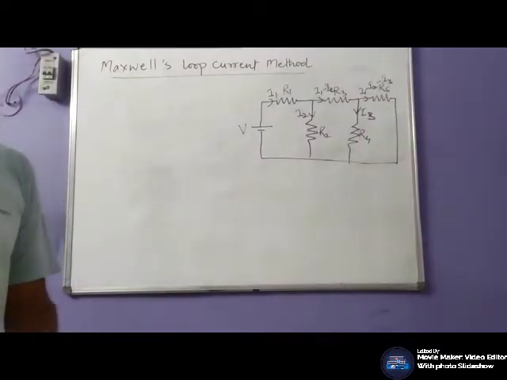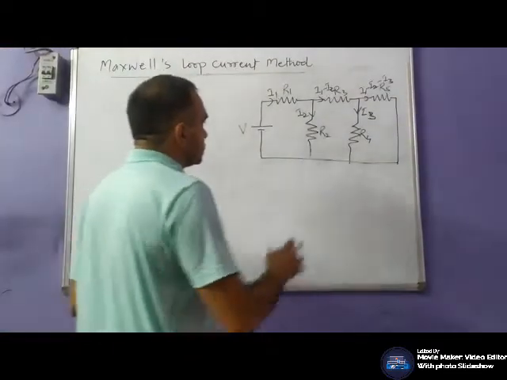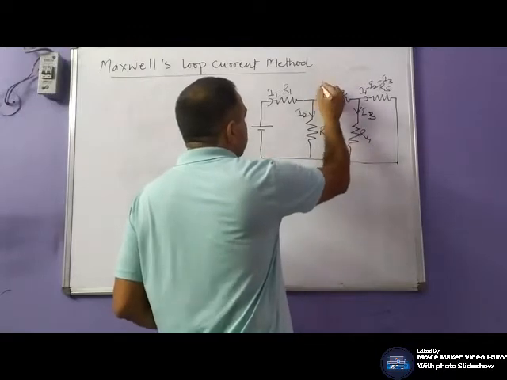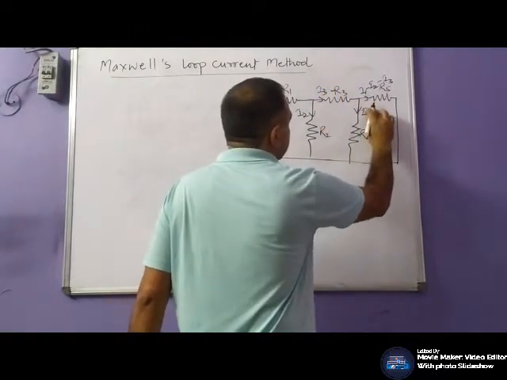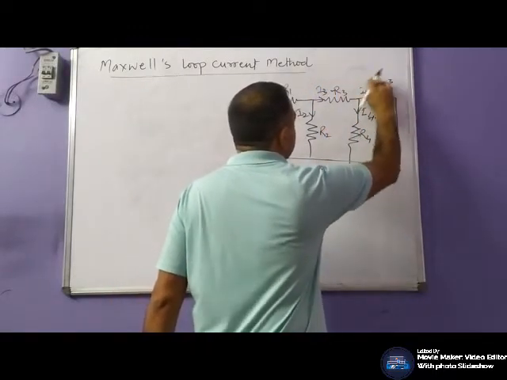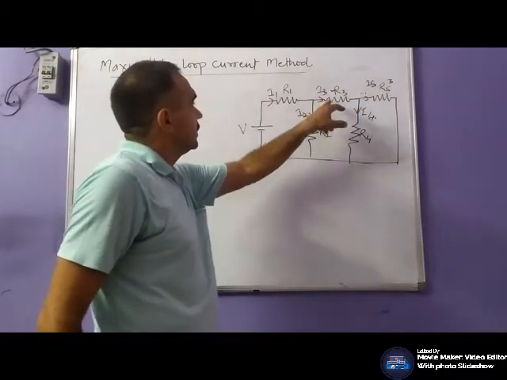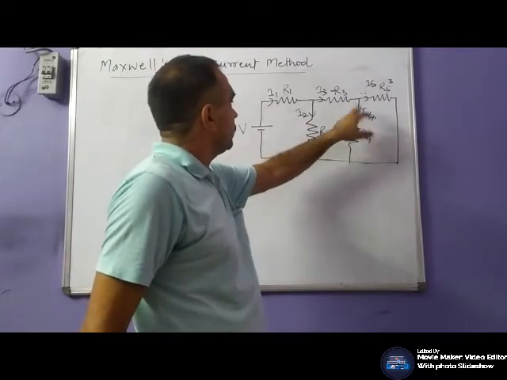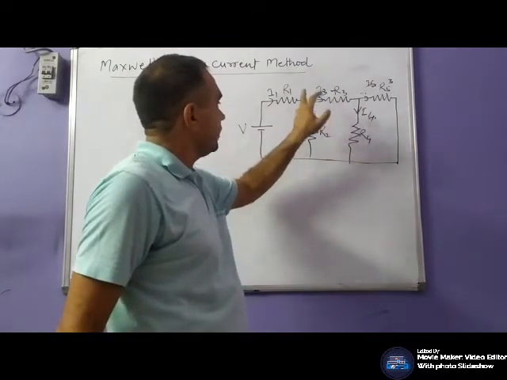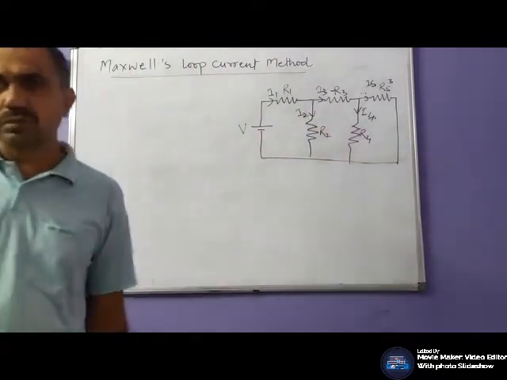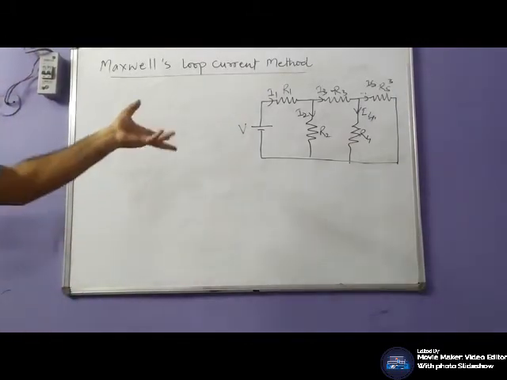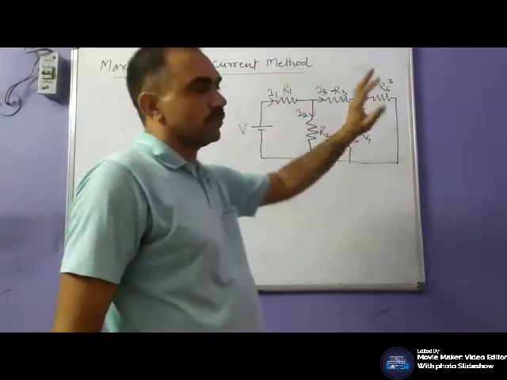Thereafter, you started solving the questions, or you mention I3, I4, I5, and I5 is I3 minus I4, and I3 is I1 minus I2. And you have simplified and applied Kirchhoff's voltage law.